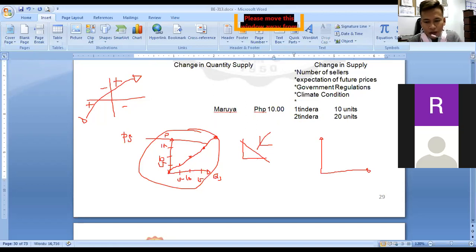The day after, another gossiping neighbor gets envious too. The third seller, so there are now three sellers, so 30 units. So meaning, if you will draw this one, price is 5, 10, 15.